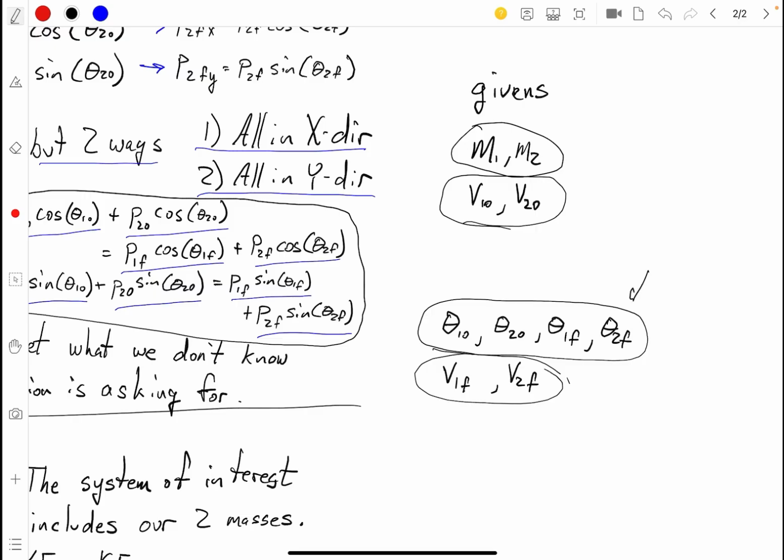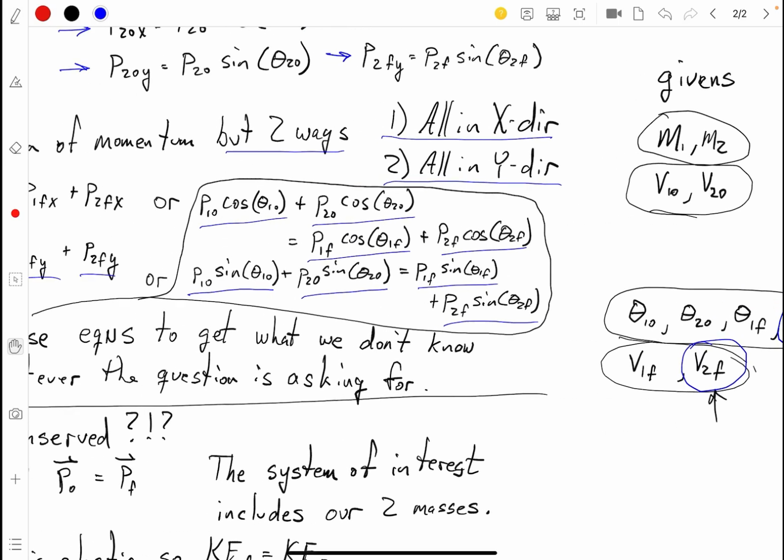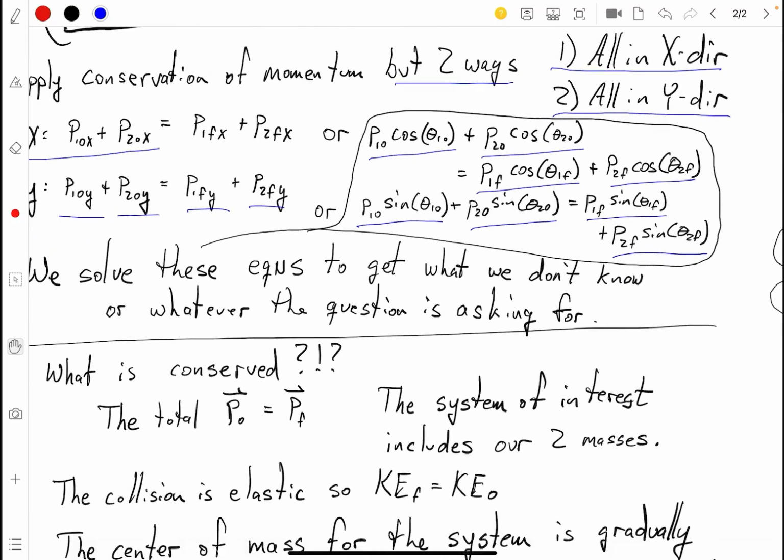Maybe we pull one of these out and one of these out. That's often what happens, and then everything else has to be known, right? So we could try and solve for, say, this guy and this guy, and that's doable, okay? As long as we have the 2 equations, we can figure that out. So, okay, let's get back to what we're doing.